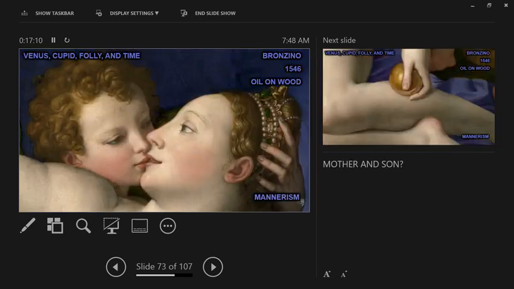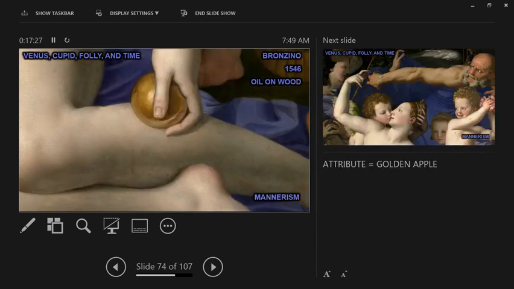And if we look closely, is that not awkward? All right. There's a little bit of tongue there. All right. So not only is it an awkward pose, but what they're doing is quite awkward. And the attribute of Venus, the reason why we know it's Venus, is that she is holding the golden apple.